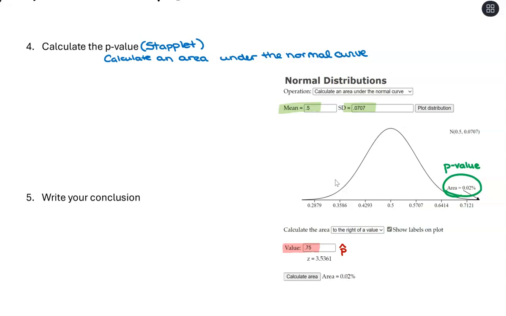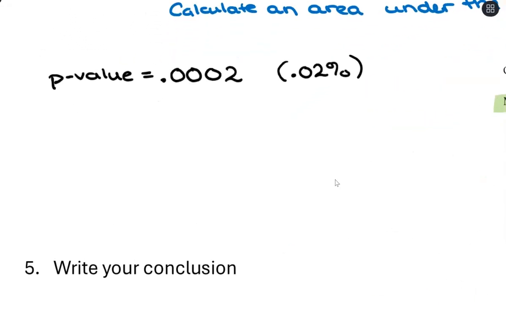So calculate the p-value. We end up with p-value equals, and we might sometimes need the decimal form, so I'm going to go ahead and write that out, of 0.0002. Or you could think of this as 0.02%. So what does this p-value mean?